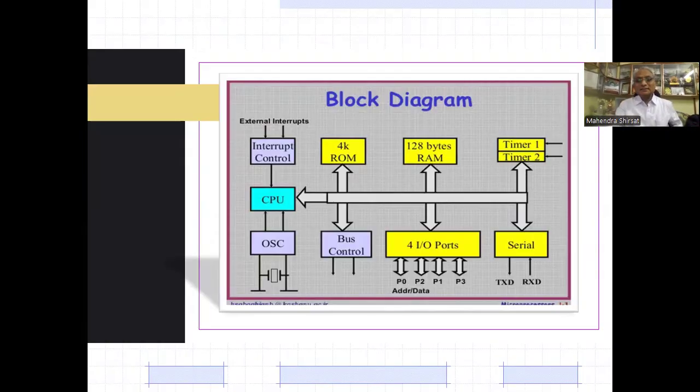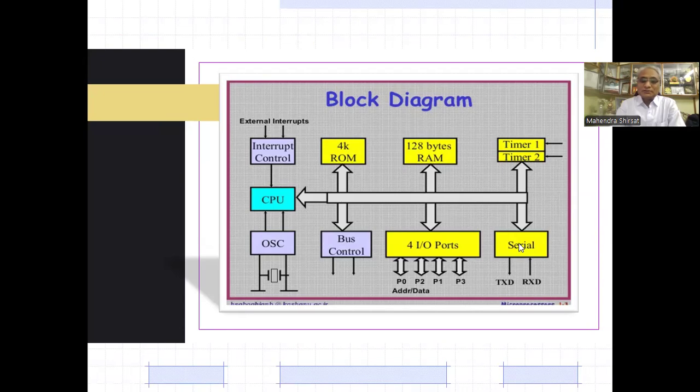This is a very important block diagram of the 8051 microcontroller. You can see here we have a CPU, as I mentioned earlier. The CPU along with all the peripheral chips on a single chip is nothing but the microcontroller. You can see this is the CPU, and we have ROM, RAM, IO ports, and a bus controller.